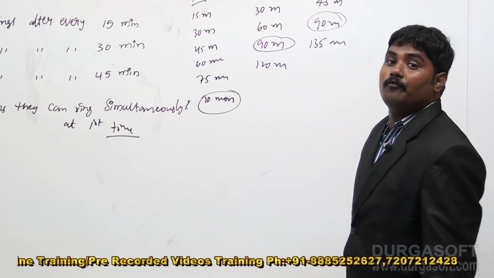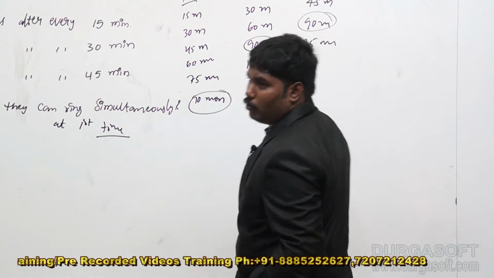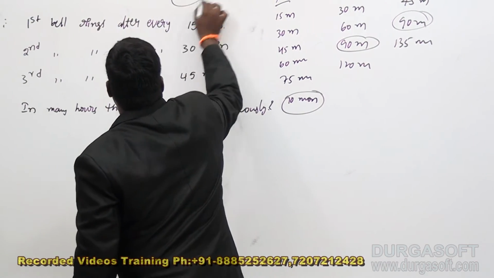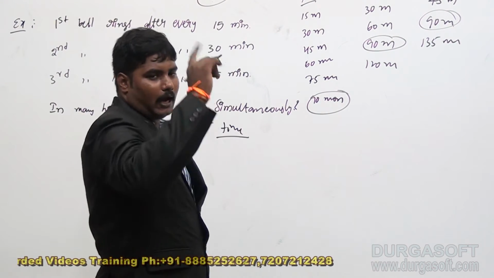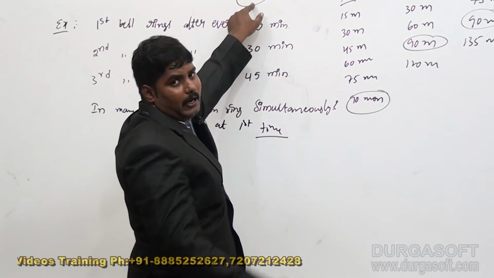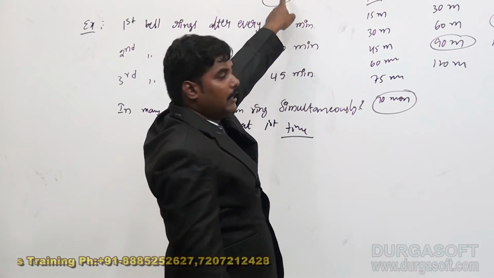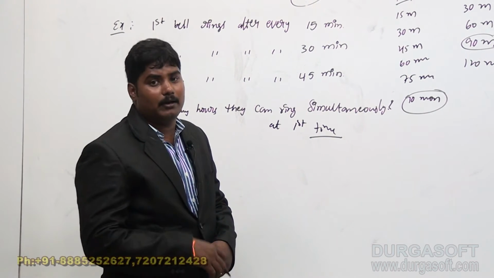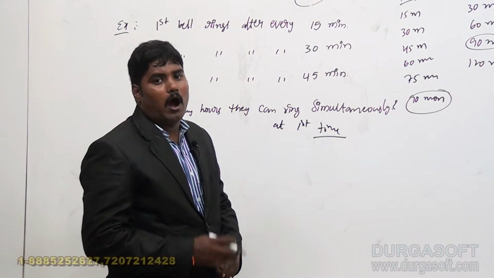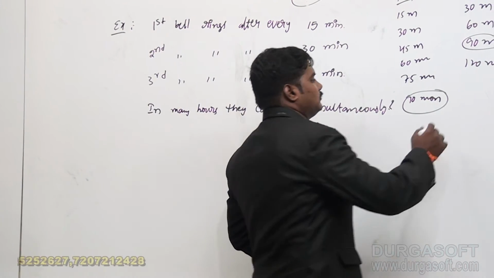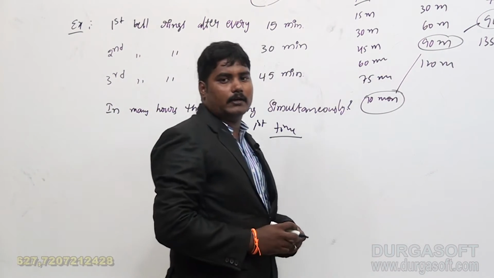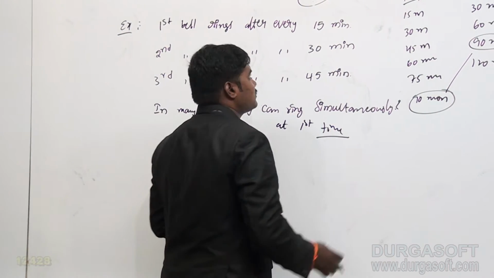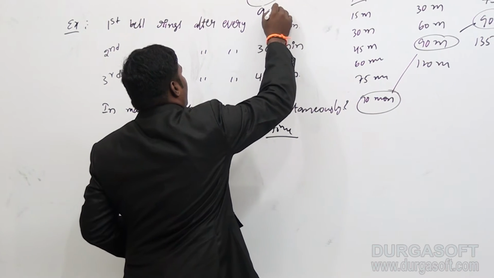If the bells start at 8 o'clock and ring simultaneously at the start, then after 8 o'clock, when will they next ring simultaneously for the first time? 90 minutes is the common multiple. Adding 90 minutes, that is 60 minutes plus 30 minutes, 60 minutes means 1 hour, so 9 hours and 30 minutes.